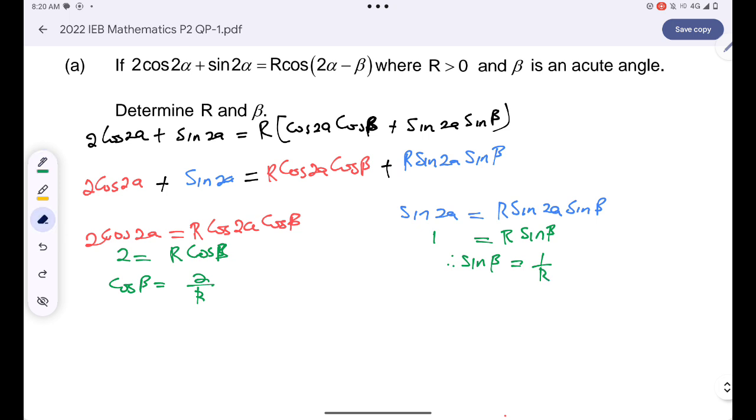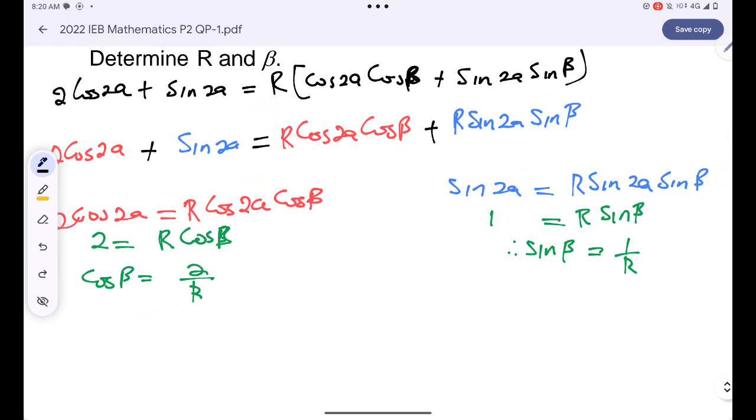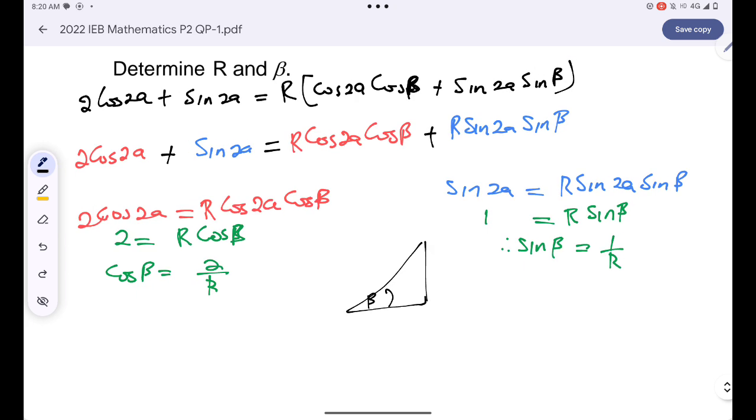So if, guys, we had a right angle triangle, our right angle triangle would have been like this. We would have beta here. Remember that sine is opposite over hypotenuse, right? So this would be 1 all over r, and then cos is adjacent over hypotenuse, that's 2 over r. Are you together?